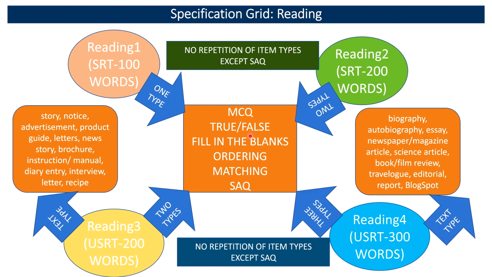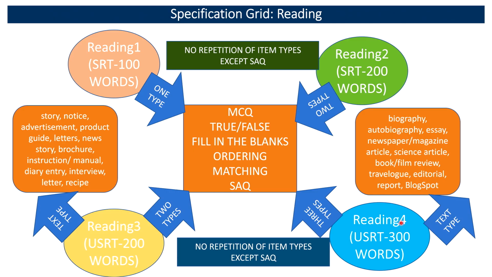The most important thing you need to remember is the question type will not be repeated in number 1 and number 2. For example, if you have multiple choice question in reading 1, definitely there will be no multiple choice question in reading 2. The same applies in number 3 and 4 as well.